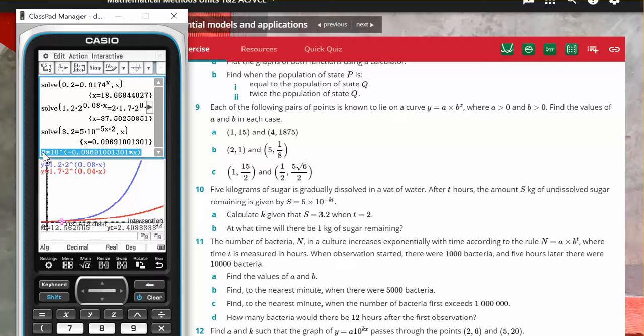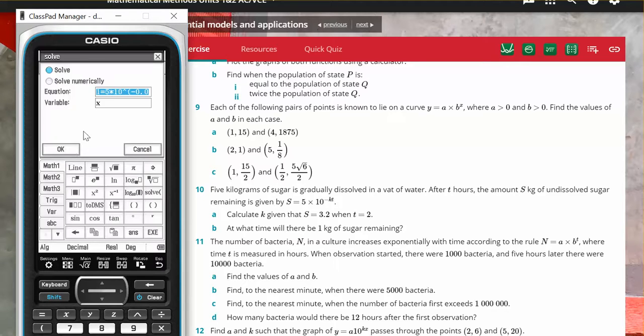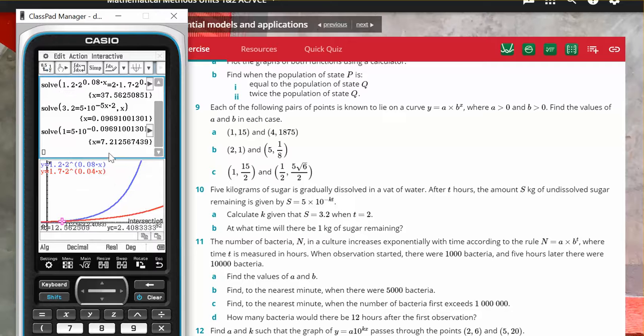So this is the equation for the amount of sugar remaining after T hours. We're trying to find what value of T gives us only 1 kilogram remaining. So I'm just going to let that equation equal 1, Interactive, and solve.